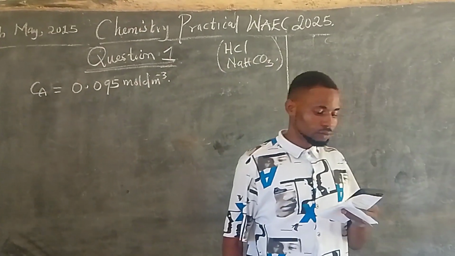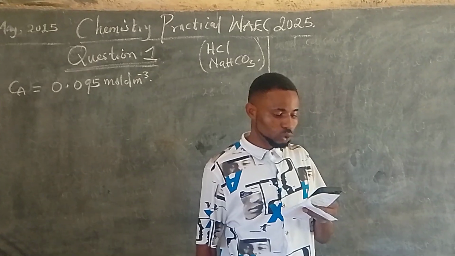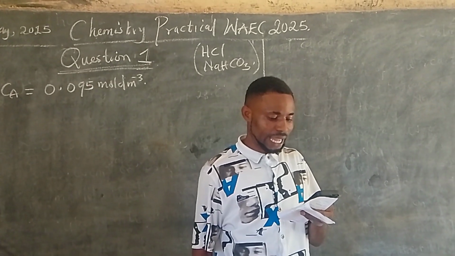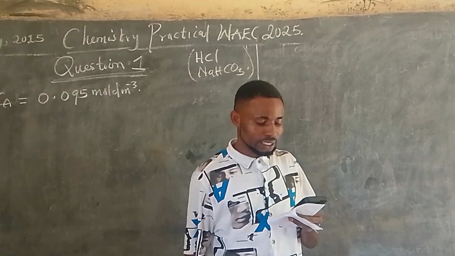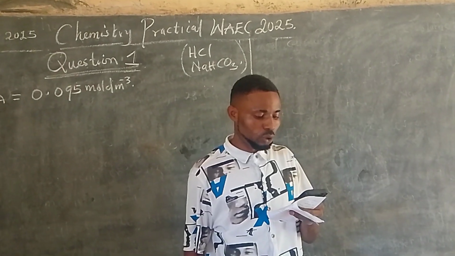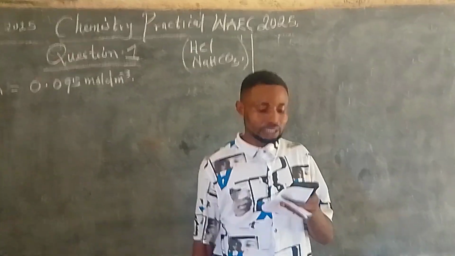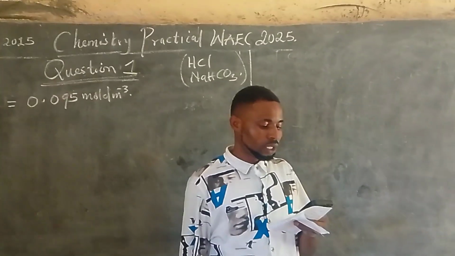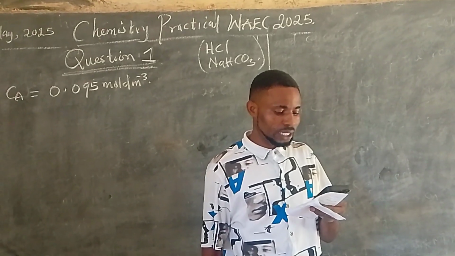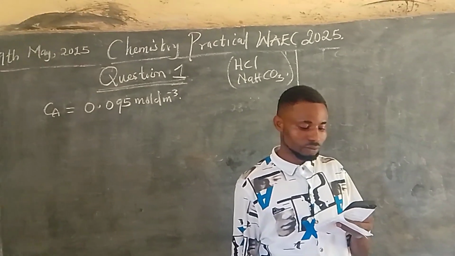Now put A into the burette and titrate it against 20 cm cube or 25 cm cube portion of B using methyl orange indicator. Repeat the titration to obtain consistent titers.